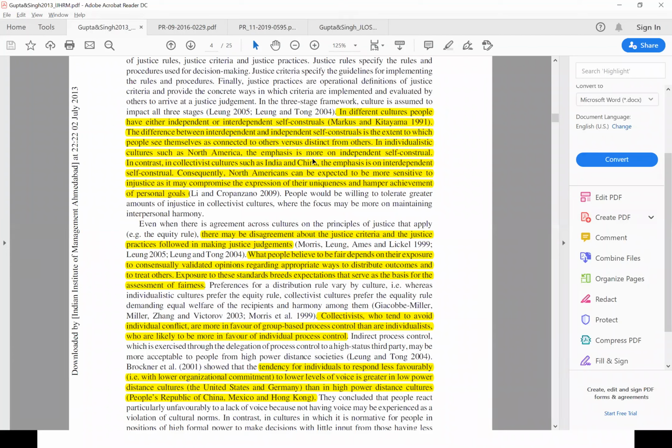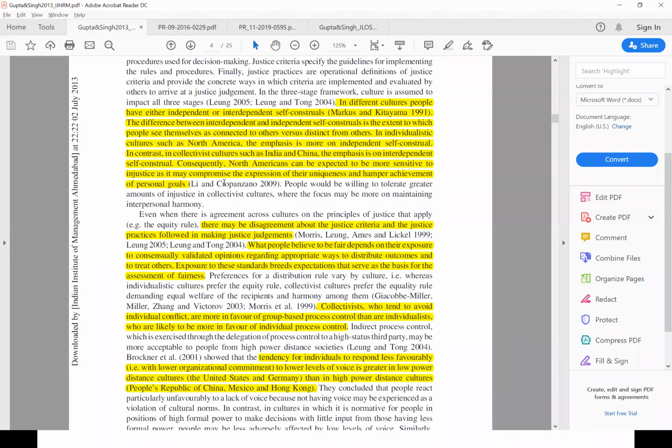So this is built based on what Markus and Kitayama wrote in 1991, and my understanding or my interpretation of their definitions of independent and interdependent self-construals. Okay, I got it. Thank you. Yeah.